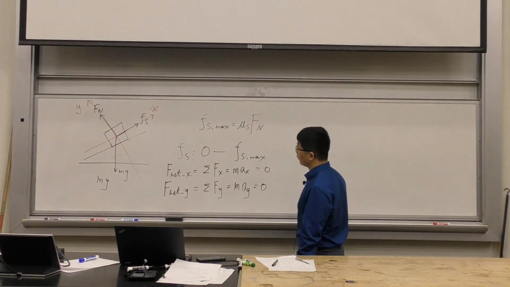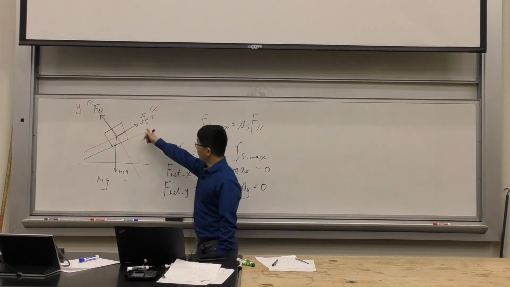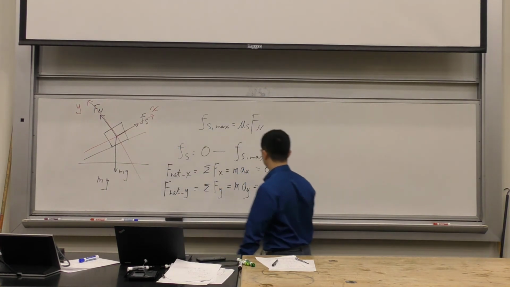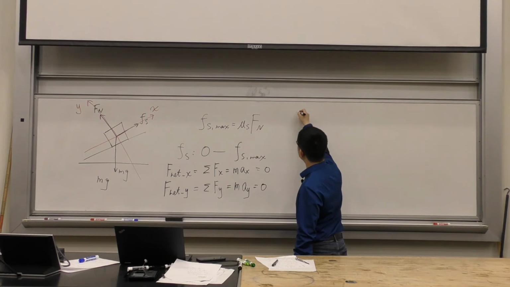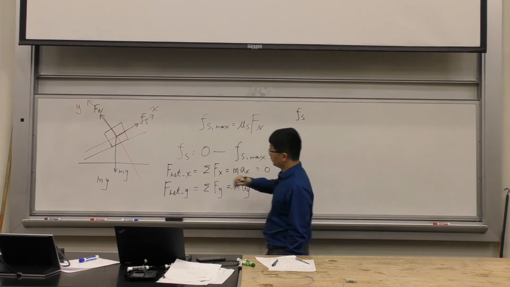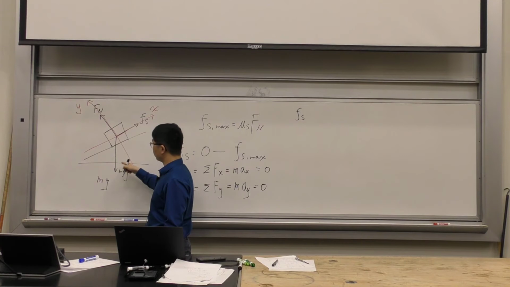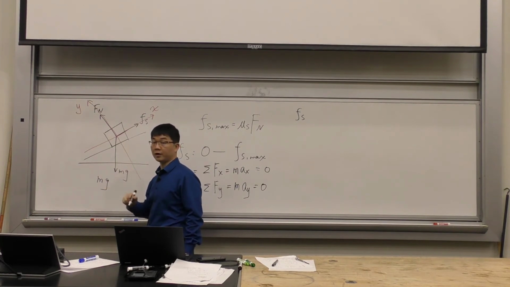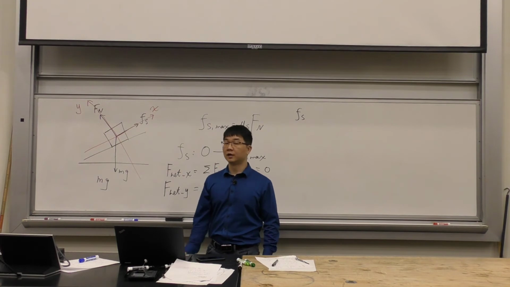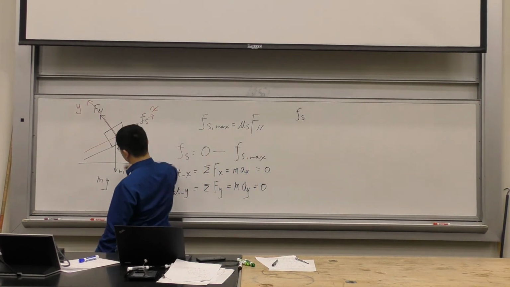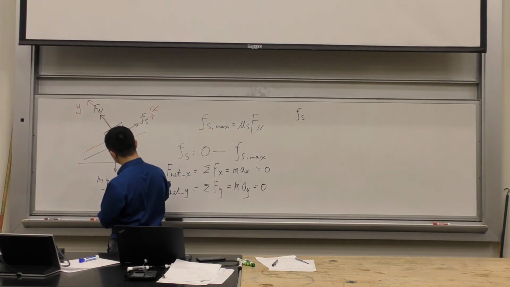So how many components in x direction? Fs is in x direction, so this equation is going to become Fs, and then the gravity is going to have an x component. Because now you're going to break gravity into x and y. Normally you don't, because if you use the normal x and normal y, you don't need to break it. It's already on your y-axis. But now I'm using this x and y, so I will need to break this mg into x and y.